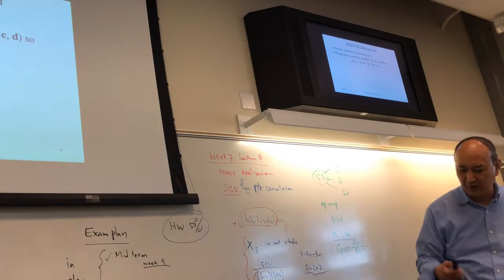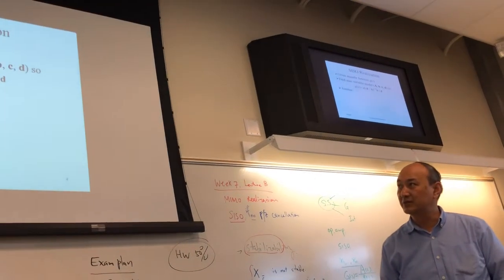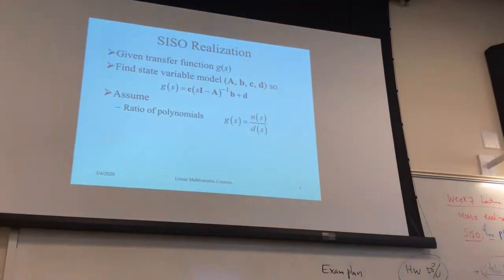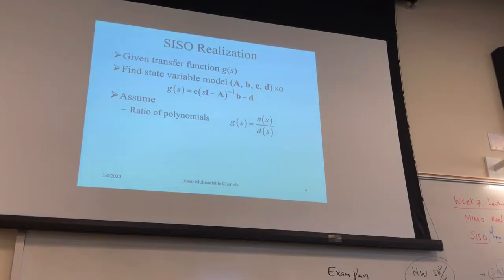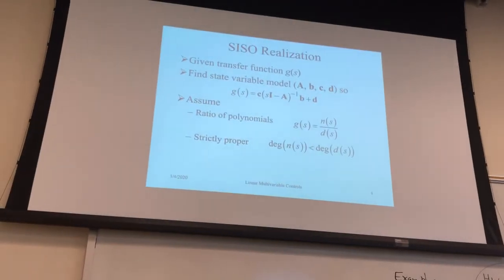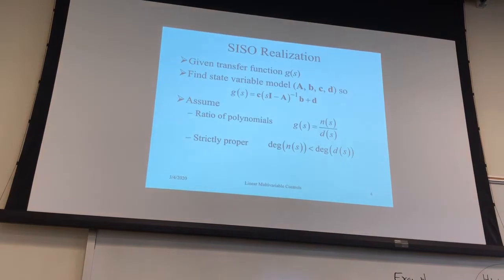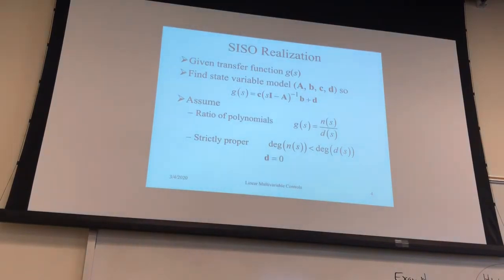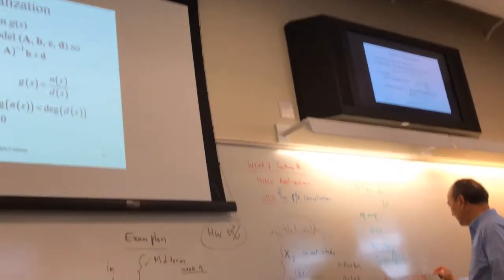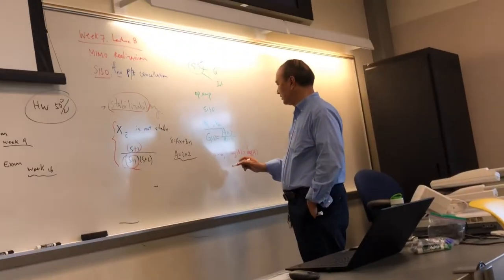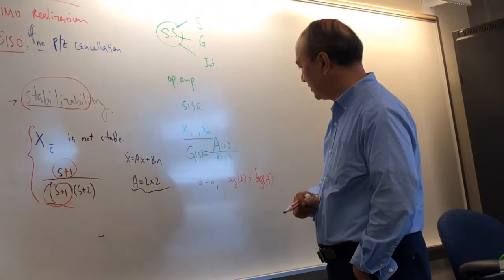And also, by the way, we learned all this standard form. And this is SISO. You have ratio of polynomials, strictly proper. So you know these things. And the D, in this case, is the direct transmission term. D is 0 when the degree of B is less than the degree of A. So this is strictly proper. Okay?